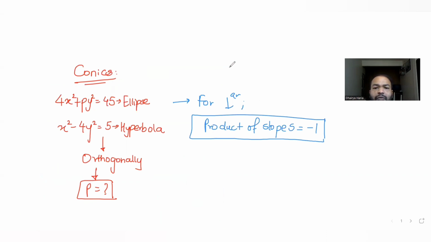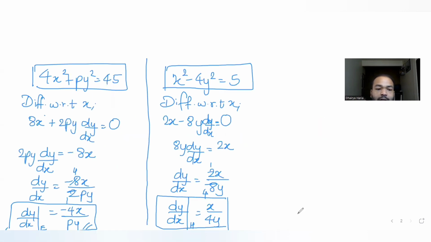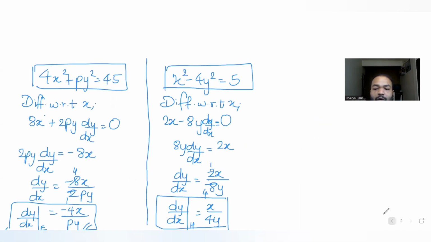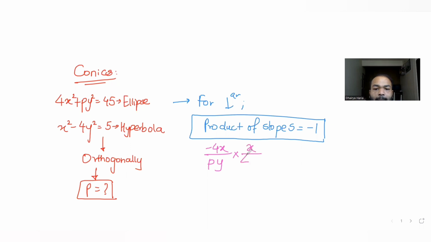So let's understand what it does. For the ellipse the slope is -4x upon py, and for the hyperbola the slope is x upon 4y, and that is equal to -1. The minus signs cancel, the 4 gets cancelled. You are left with x times x, x², equal to p and y².